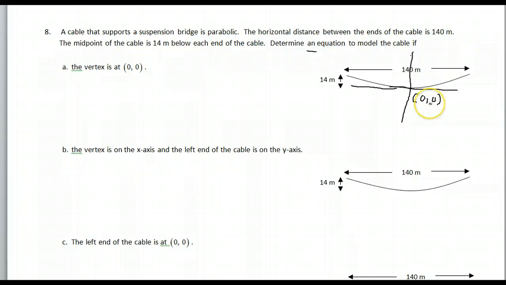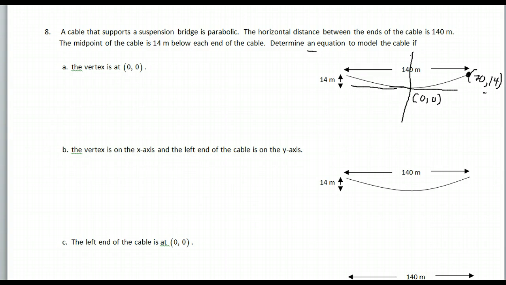So in order to get the equation, we're also going to need a point on the parabola. So let's take this point here. If this is 140 meters, then from the middle, it will be out 70 meters. And if this is 0, then this is 14 meters high, giving me the point 70, 14.